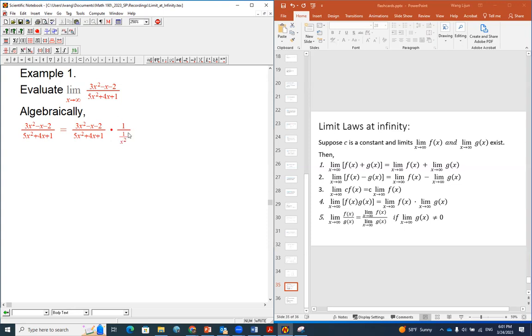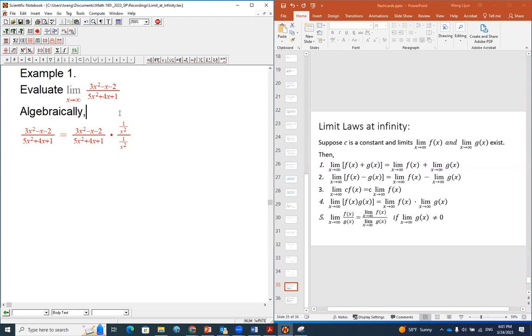So why do we choose 1 over x squared? Well, remember, when we talk about the limit as x approaches infinity, we're considering an interval from a to infinity.